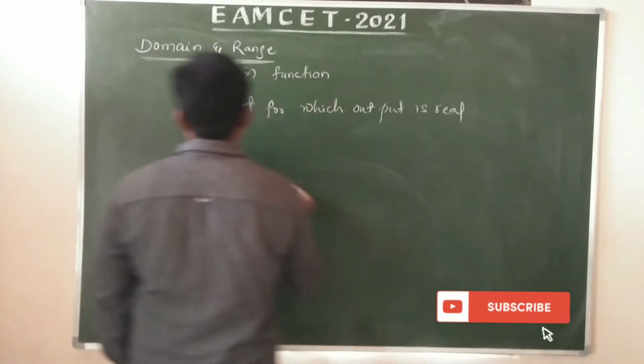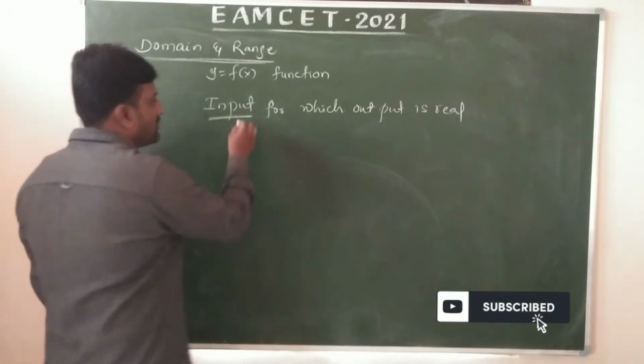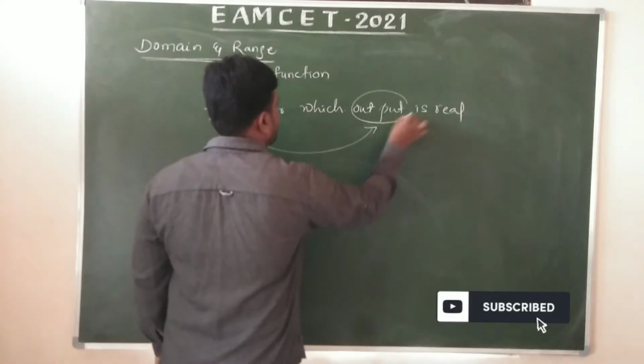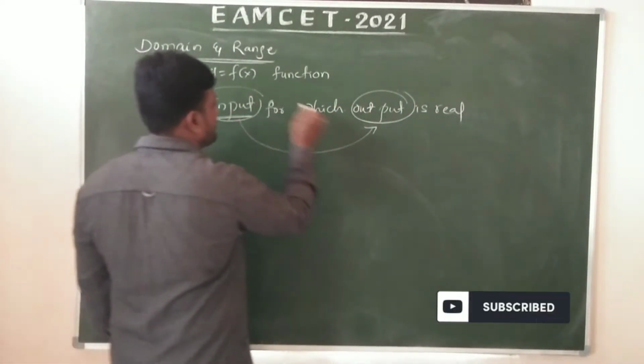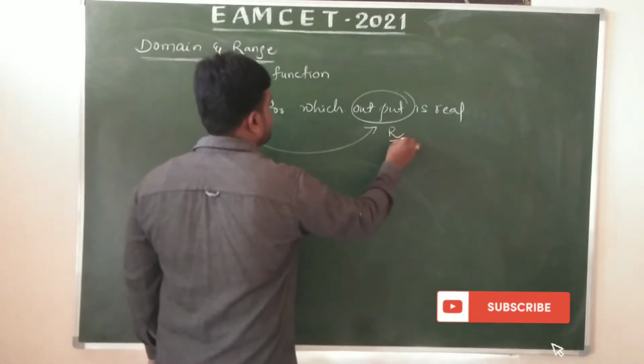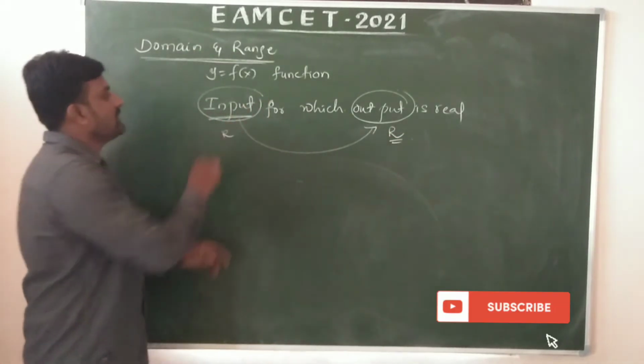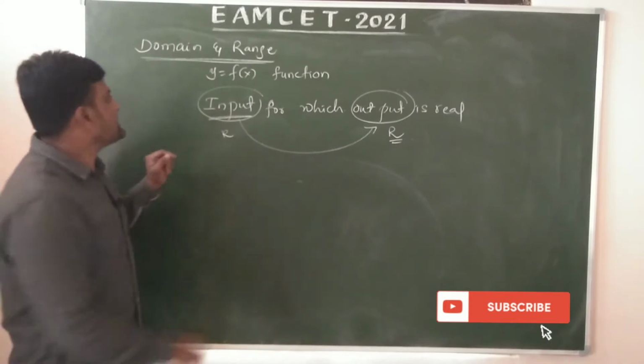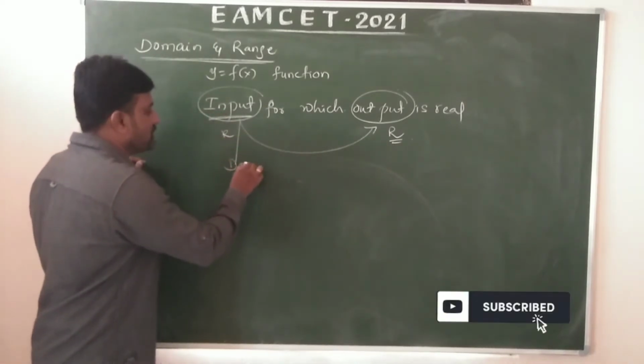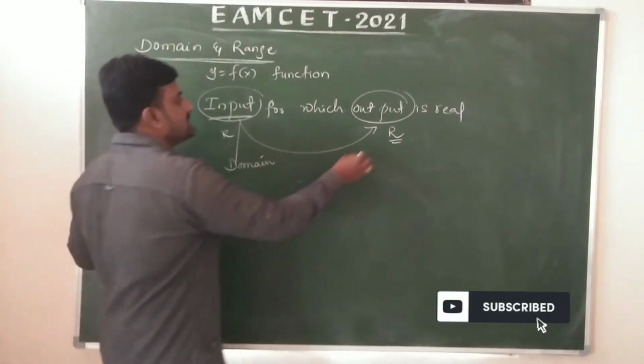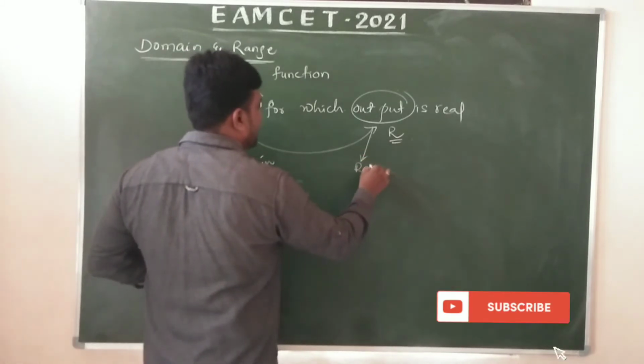Definitely, for real values of input we will get a real value of output. Now input is nothing but domain, and output is nothing but range.